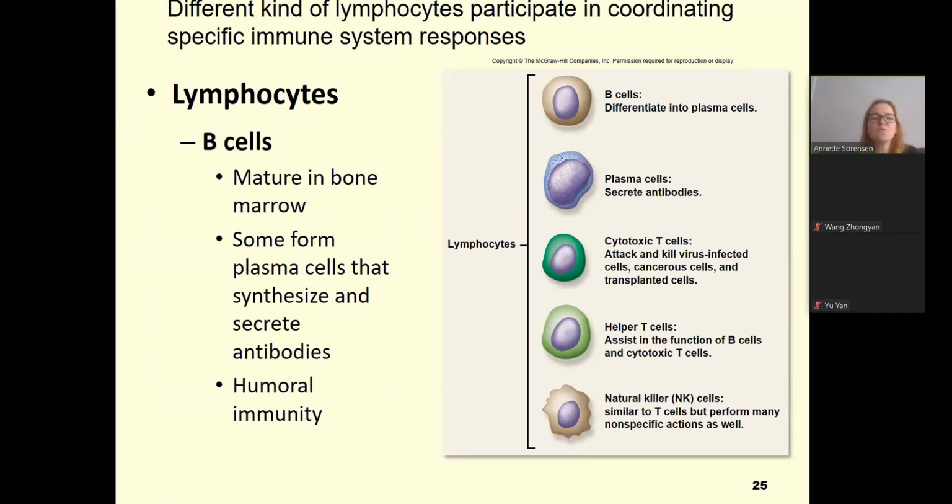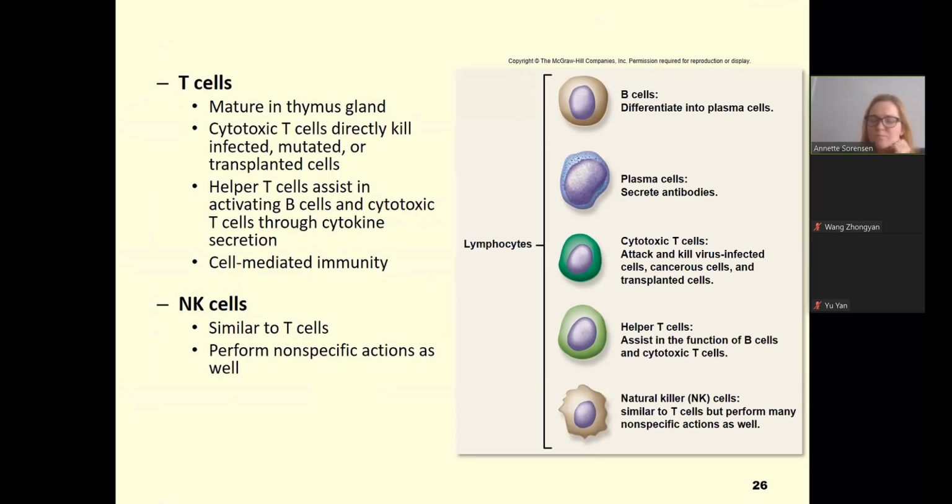Now, I don't know if you remember yesterday, but we did talk about the humoral immune system, and we talked about the cell-mediated immune system. The B cells are involved in the humoral immunity. Now the T cells, they don't mature in the bone marrow, they mature in the thymus gland.